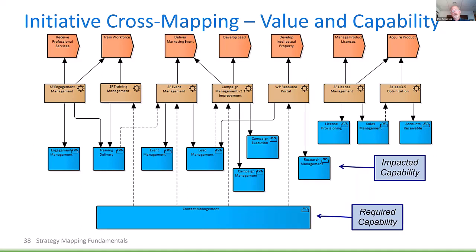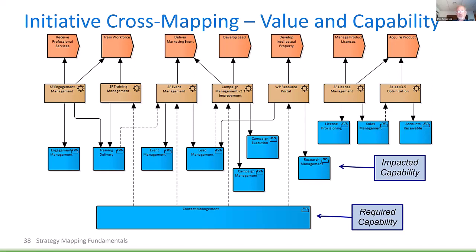So for example, here we have 2 solution delivery projects touching the same capability. That clearly means that we need to be mindful about the sequencing of these, and there are 3 different approaches. Engagement management goes first and makes changes to training delivery. And then whatever changes are incorporated are then going to be available to the next project, training management.